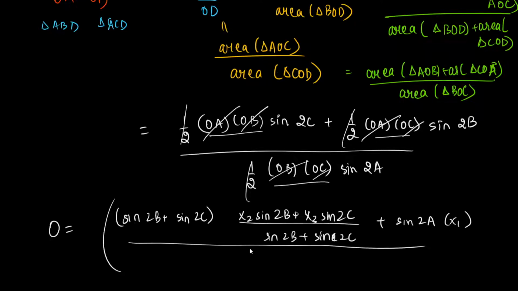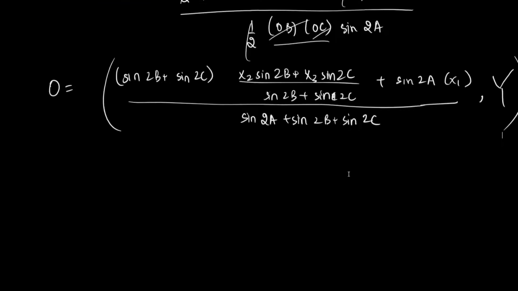This entire thing is divided by the sum of both the first and the second part of the ratio, so sine of 2B plus sine of 2C plus sine of 2A. And you write the same thing for the y as well. I'm not going to write the same thing again.